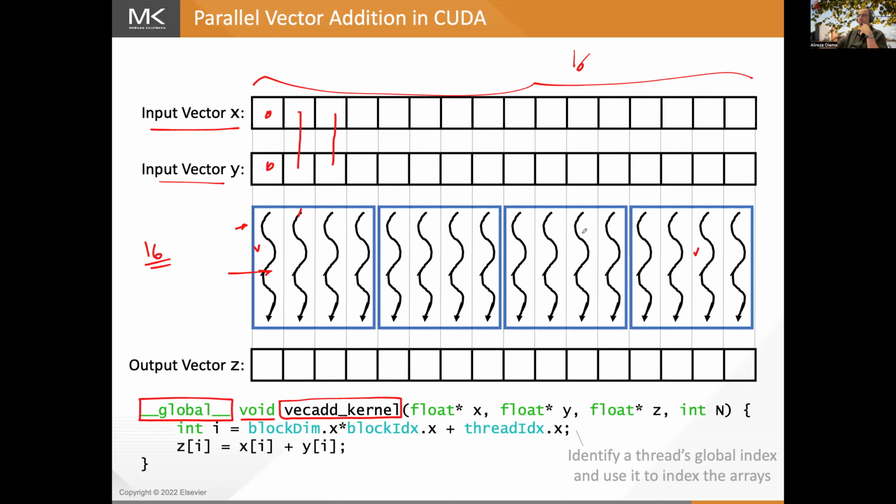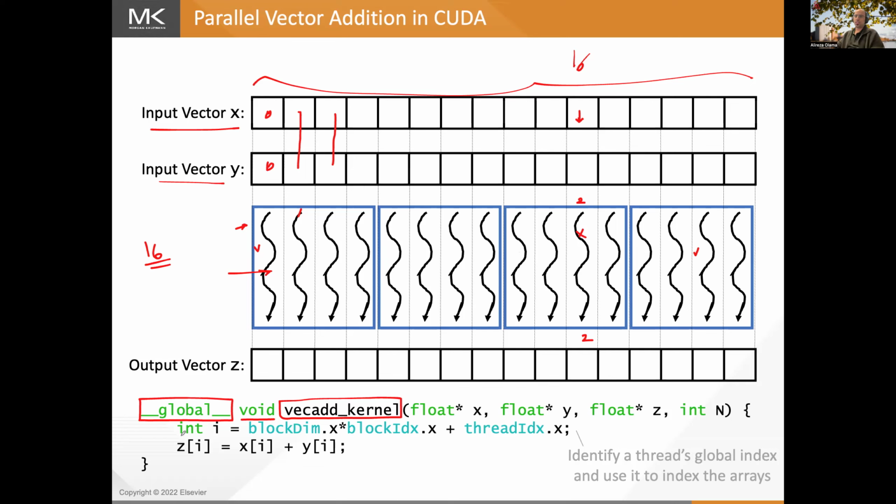So for example, this thread should work on this element, right? The thread index here is 2. The block index is 2, right? And we know that within each block, we have 4 threads.